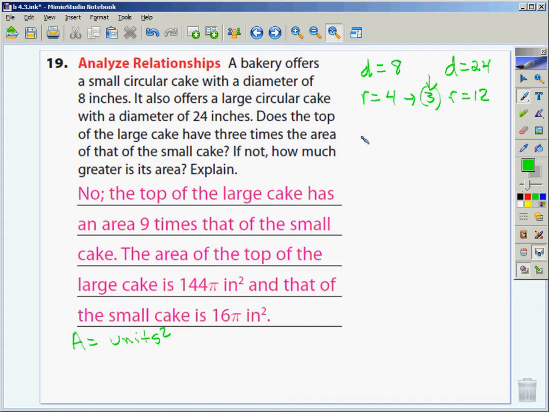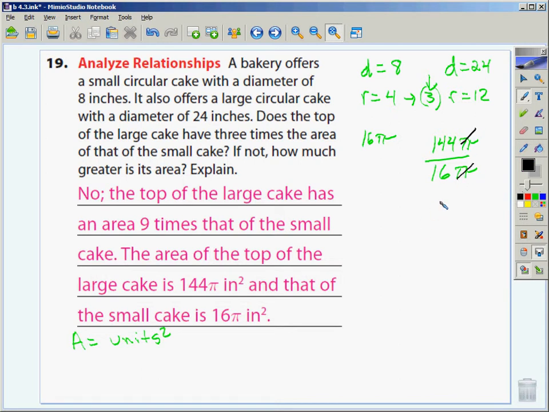If I figure this out, the area of this would be 4 squared is 16 pi. If I figure this one out, the area of this one would be 144 pi. If I divide the two, what would happen to the pi's?